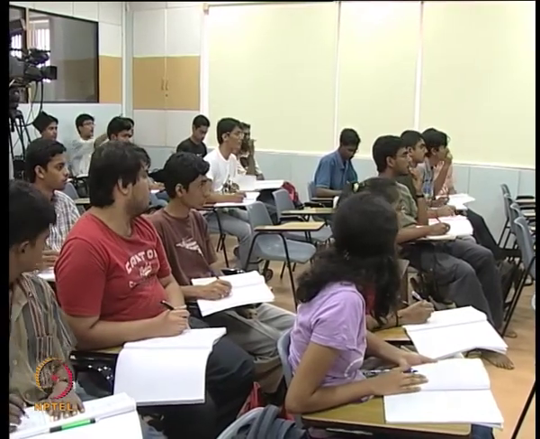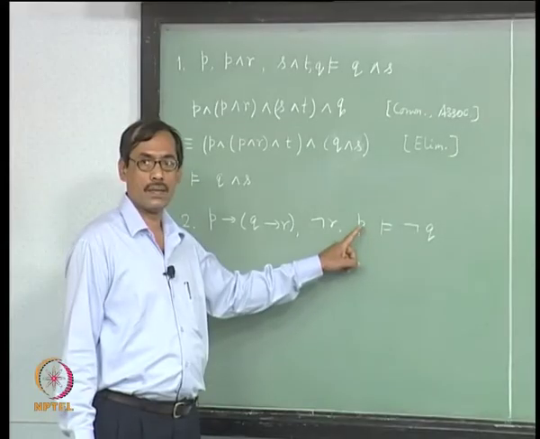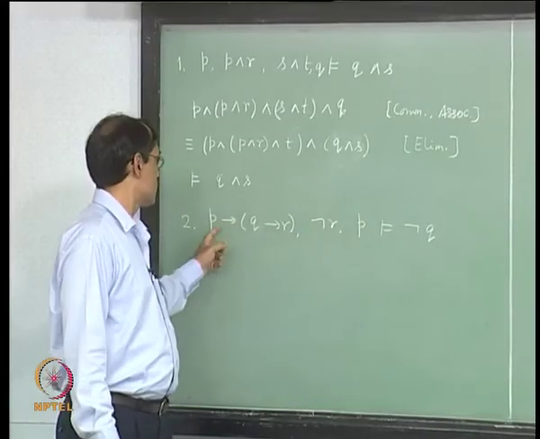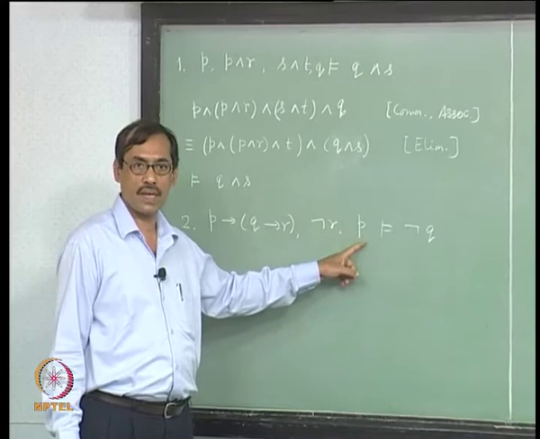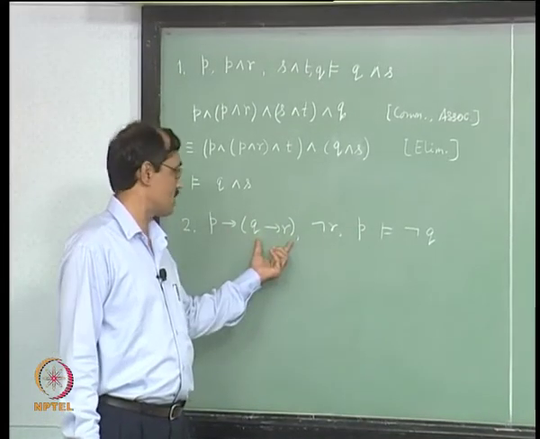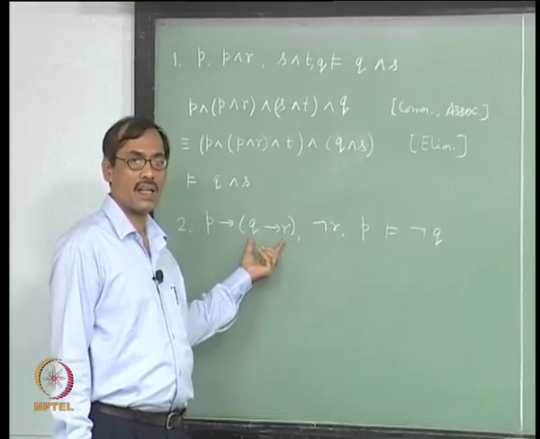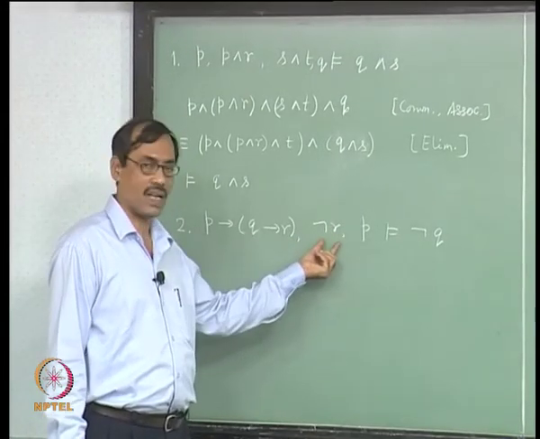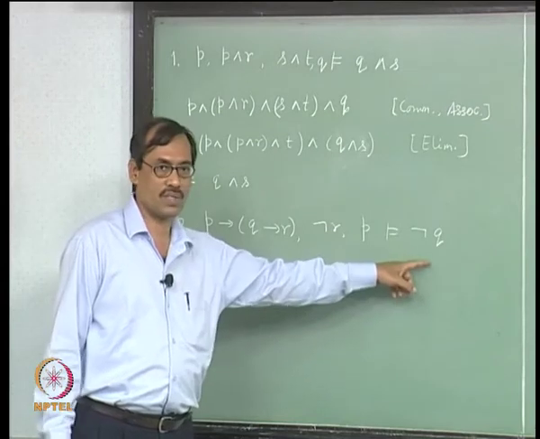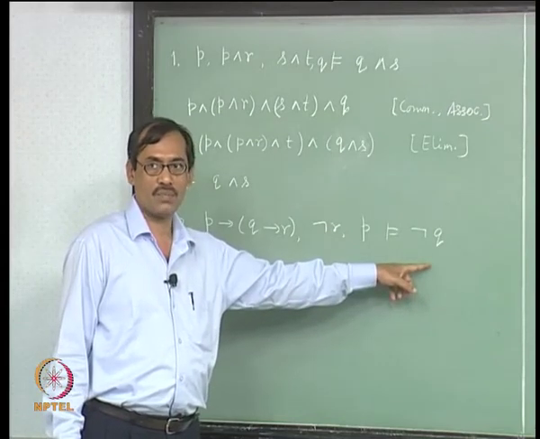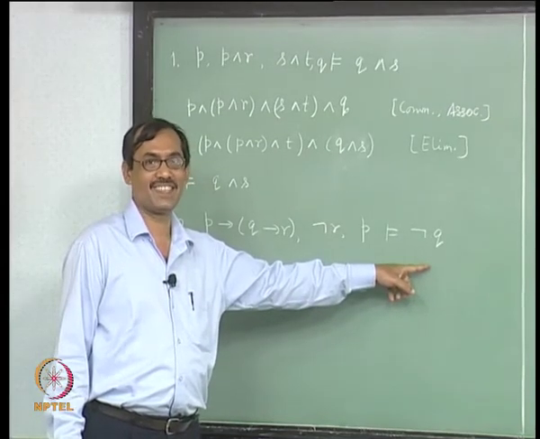P, so that is by modus ponens, right. P implies Q implies R. So, this gives modus ponens Q implies R. Now, Q implies R, not R gives not Q by modus tollens, its name is modus tollens, right.